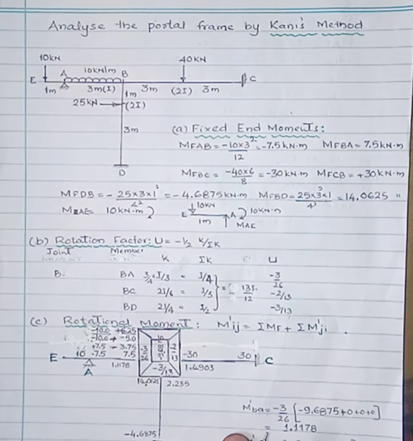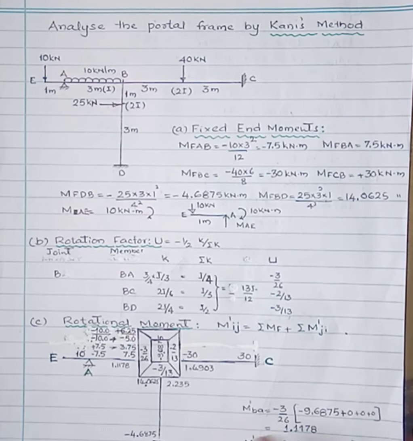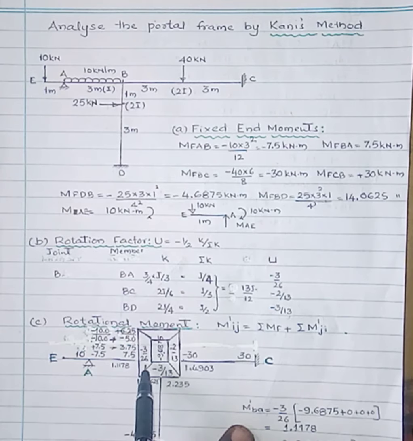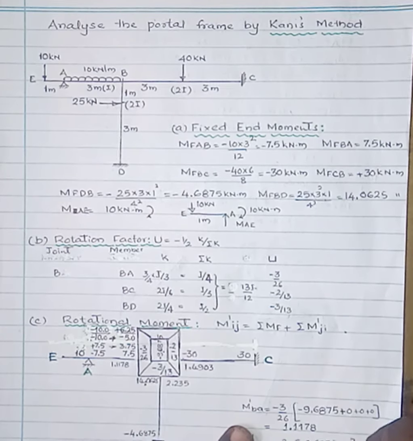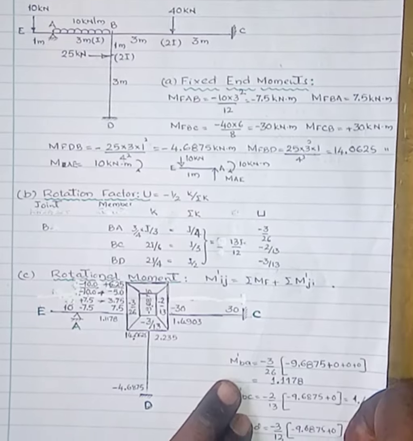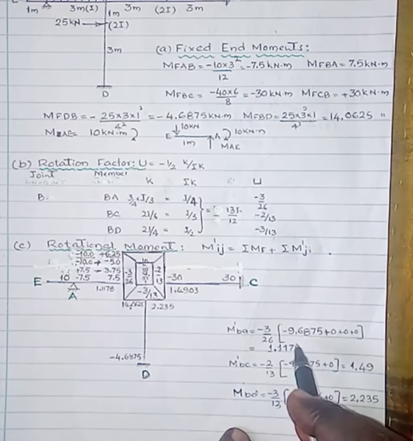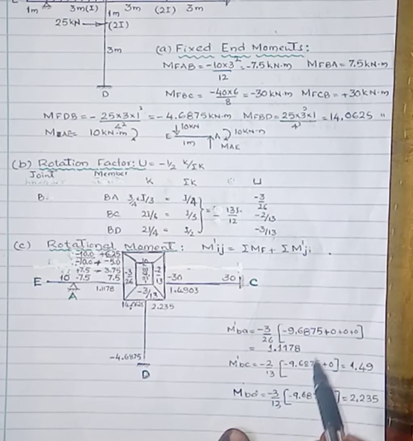Now we are able to calculate the rotational moment. Here we have calculated the rotational factor at joint B, then M dash BA. Three members are connected, one is BA, one is BC, one is BD. For M dash BA, the rotational factor is minus 3 by 26. Inside the bracket, the sum of the fixed end moment is minus 9.6875.